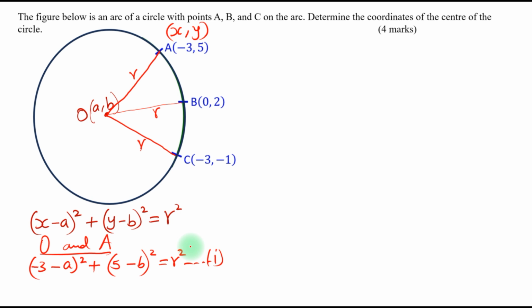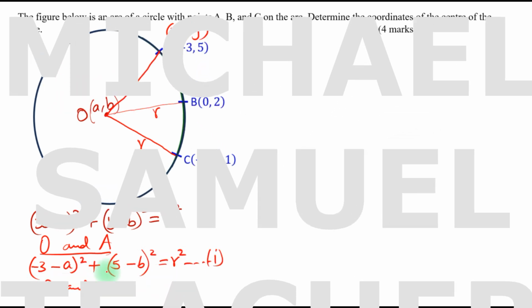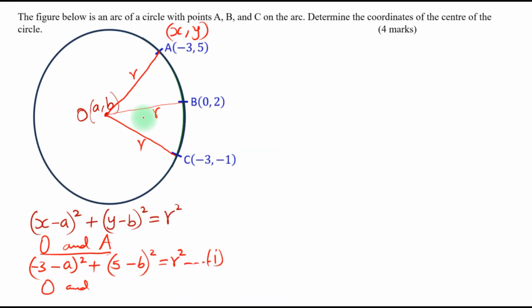Then we can also take point O and point B. We take the two points and substitute the values. O is a, b, B is 0, 2.